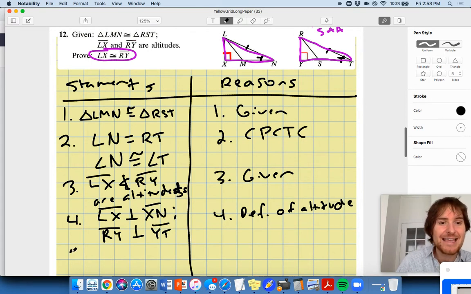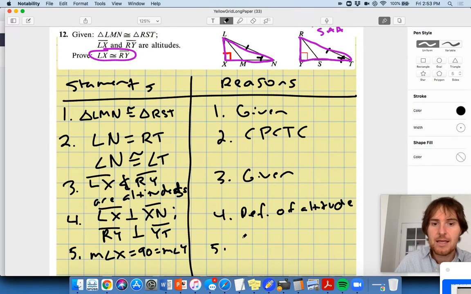So then we can say this, that measure of angle X equals 90, which equals measure of angle Y. Okay, and the reason why I know that is, well, I knew that these were perpendicular lines, and the definition of perpendicular lines is that they form right angles, okay?